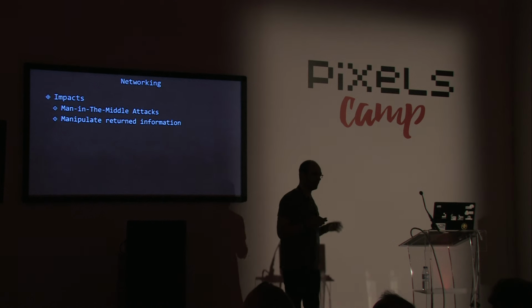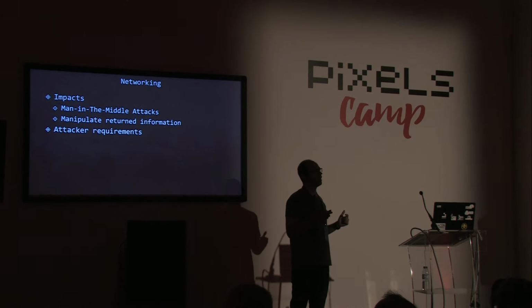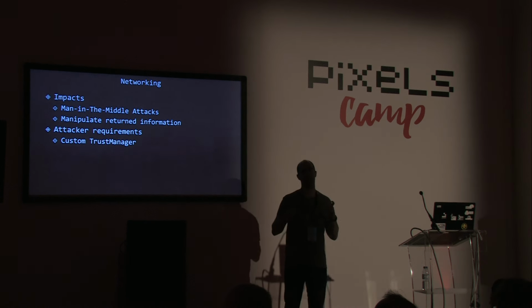Another interesting impact is the manipulation of the return information from the server. I'm going to give you a cool example of what the impacts of that could be. For the first scenario, where you basically invalidated all the validation of the certificates, an attacker could present the application any kind of certificate.